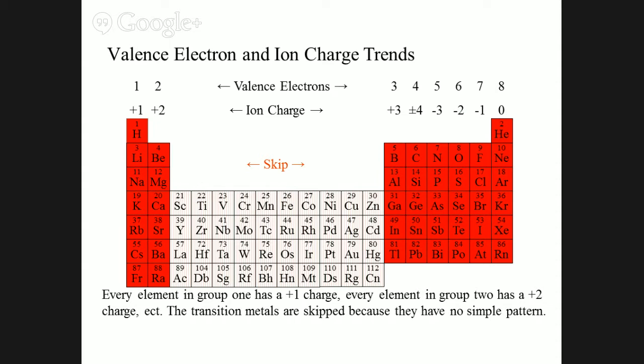The noble gases have no charge, don't make ions. Once you have a compound and things have come together to be like the noble gases, the compound will also have no charge. And indirectly, that'll allow us to figure out what the transition metal in the compound must have been so that the overall compound has no charge.